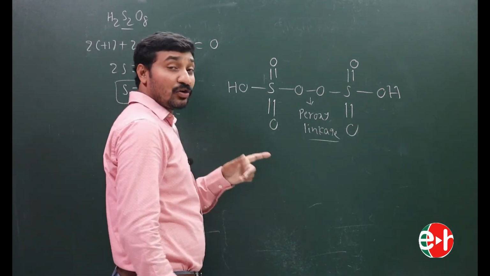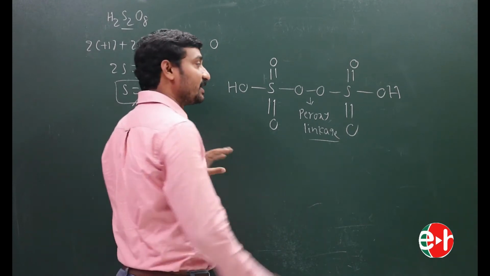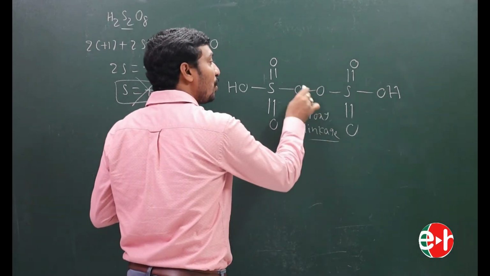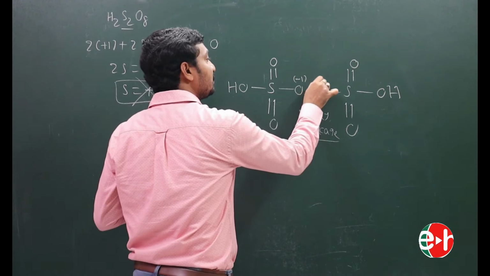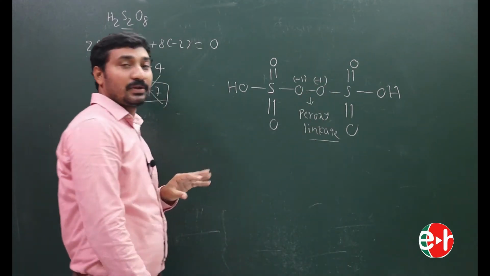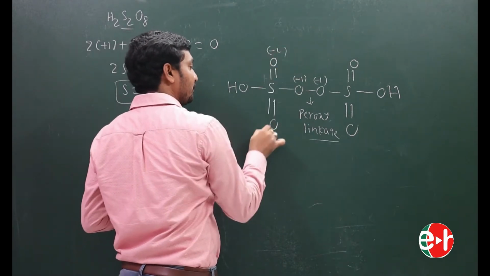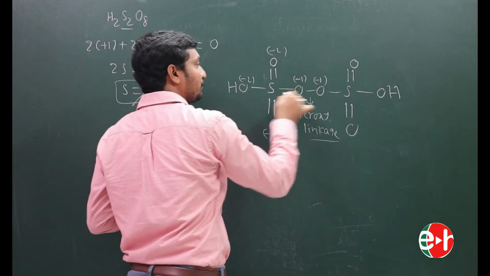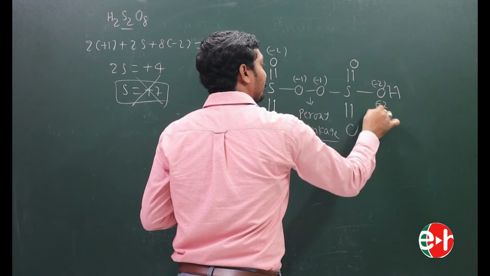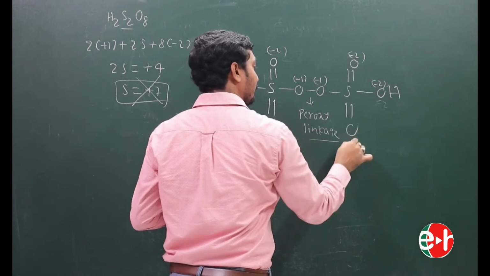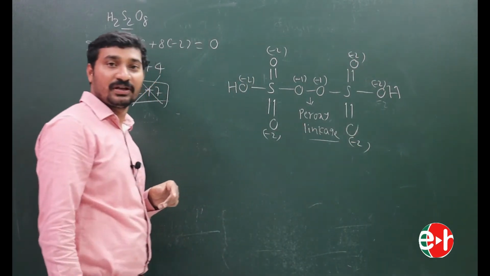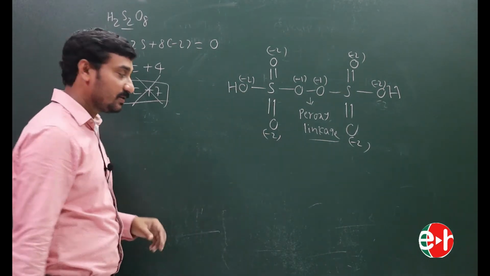We know in peroxides the oxygen oxidation state is -1. So for these 2 oxygens, the oxidation state is -1, not -2. In the remaining 6 oxygens, -2, -2, -2, -2.